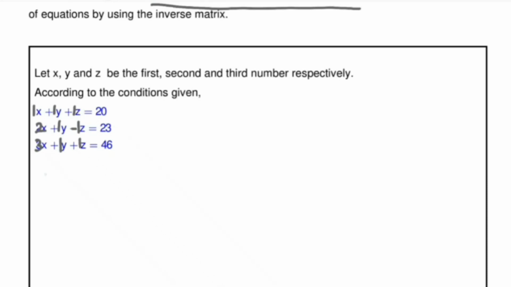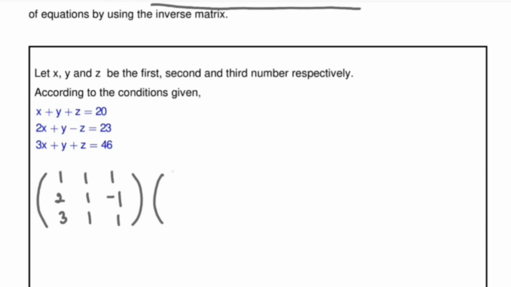So rewrite all the numbers into a matrix: 1, 1, 1, 2, 1, negative 1, and then 3, 1, 1. Then write the unknowns x, y, and z, and then the numbers on the right, 20, 23, and 46.